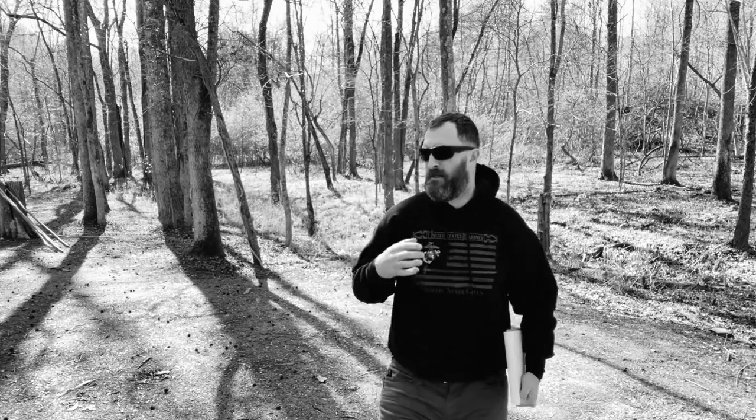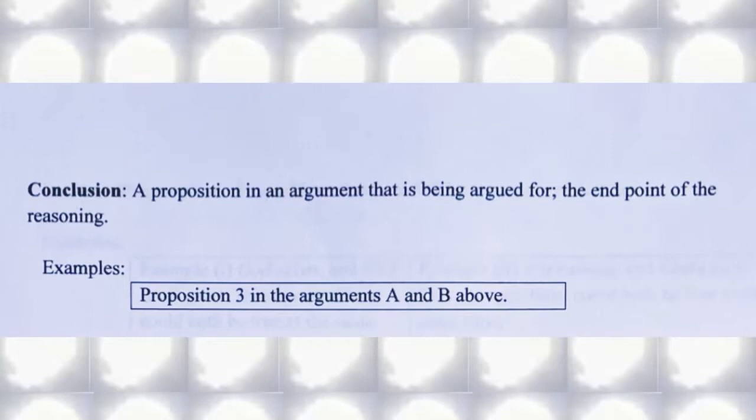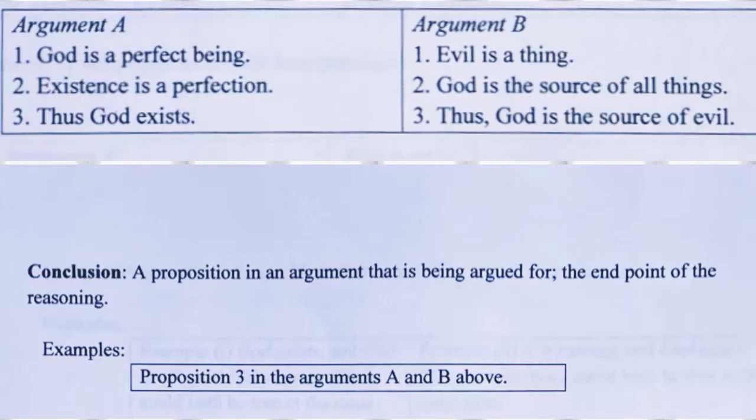The next part of an argument that we're going to discuss is a conclusion. A conclusion is the proposition in an argument that's being argued for. It's the end point of the reasoning in an argument. And examples of conclusions would be proposition 3 in arguments A and B above.